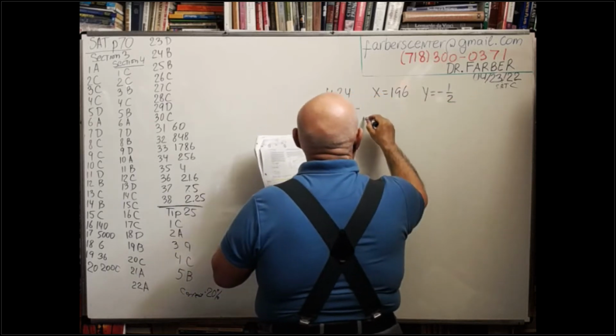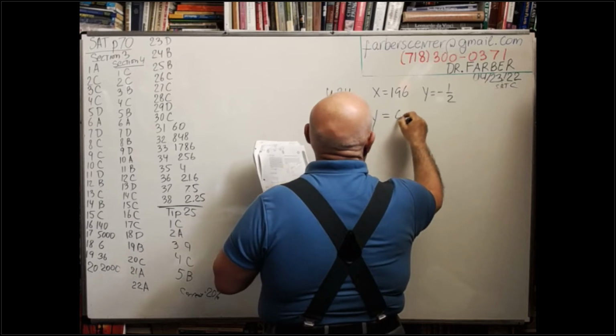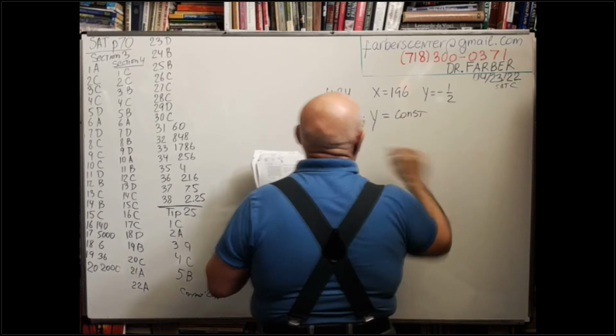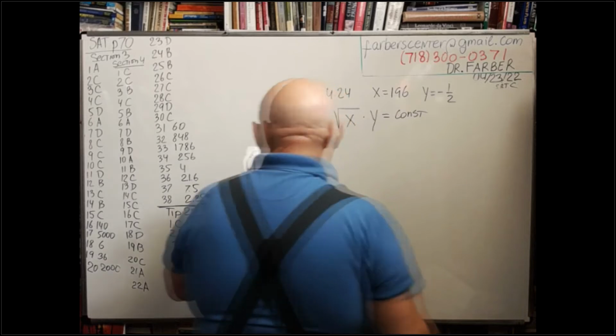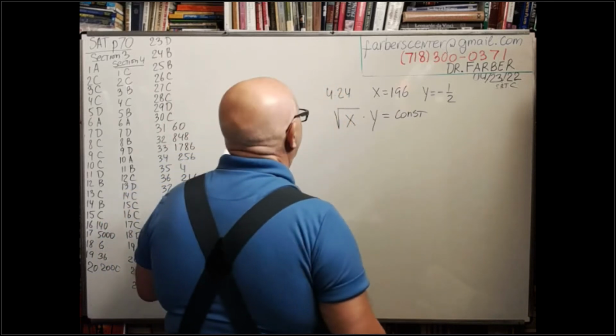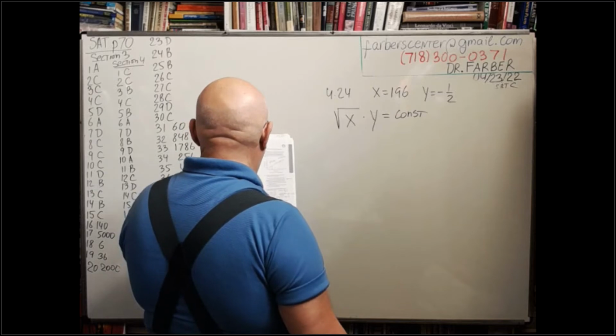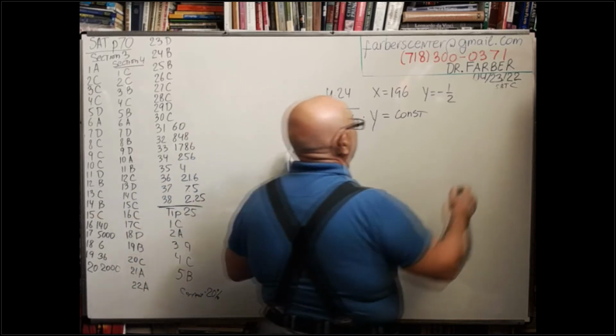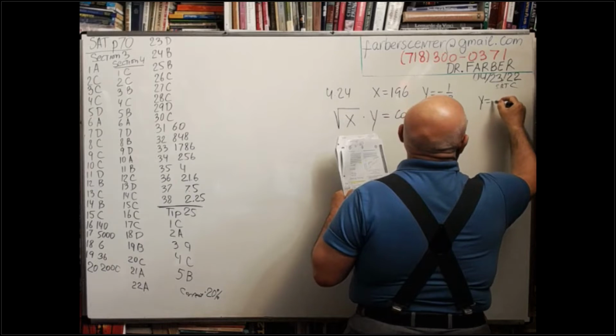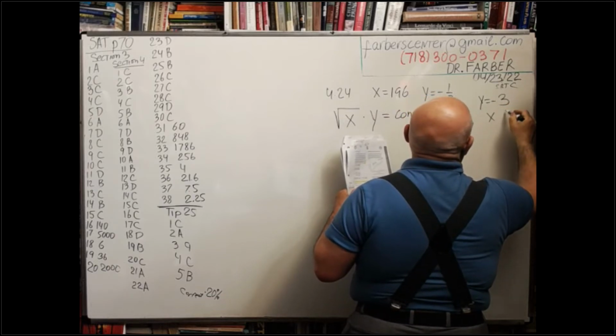And if inversely, it means this equals a constant. This is the definition of inverse variation, sorry. And now find the value of x when y equals -3. Find x.